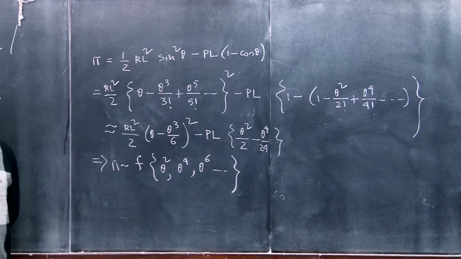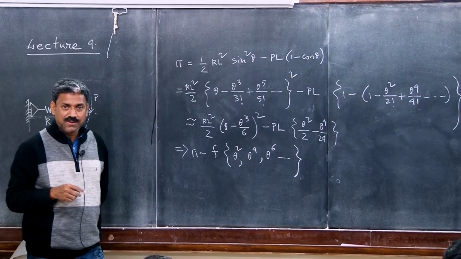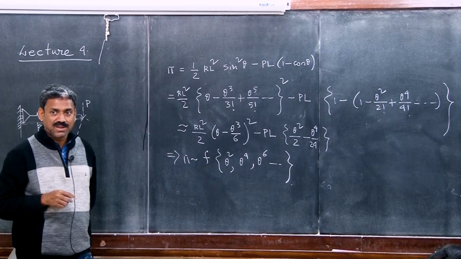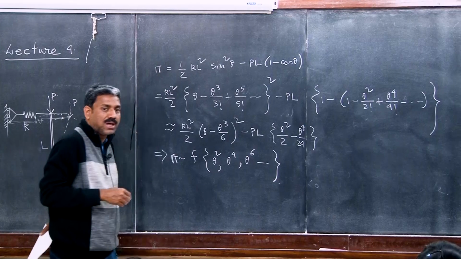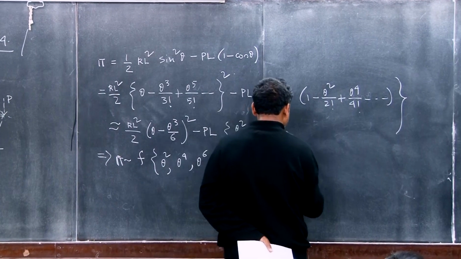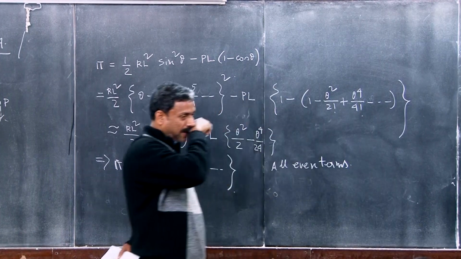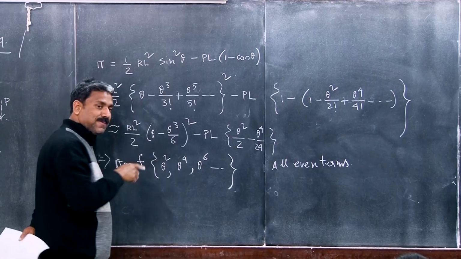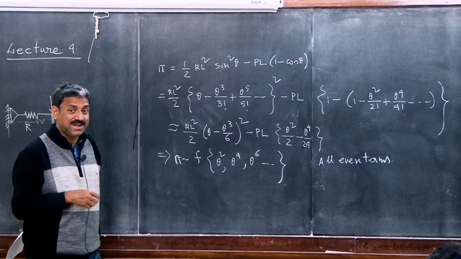So, like earlier, the potential energy functional is always positive definite, right. This phi consists of no odd terms, all are even terms. Because all are even terms, that is why it leads to symmetric bifurcation. Please note that.